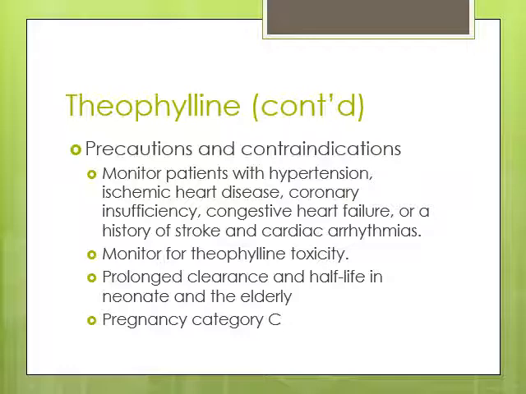Toxicity should not occur at recommended dosage, but it may occur if theophylline clearance is decreased, and you can see that in conditions such as hepatic impairment, chronic lung disease, cardiac failure, patients older than age 55, and infants under age 1. And theophylline clearance may be decreased in patients over the age of 55.